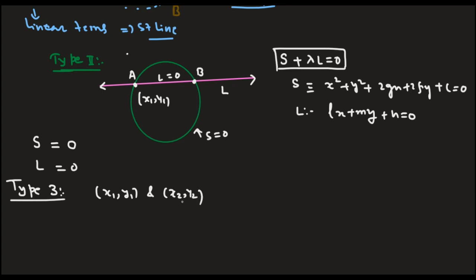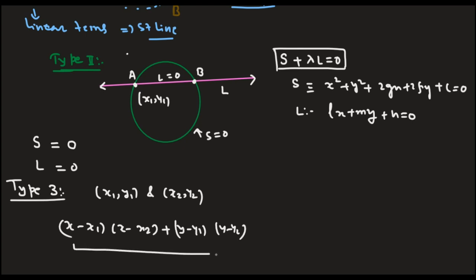Listen carefully. So what we are doing here is we consider a circle in the diametrical form: x minus x1 into x minus x2, plus y minus y1 into y minus y2. This is the equation of the circle in the diametrical form.